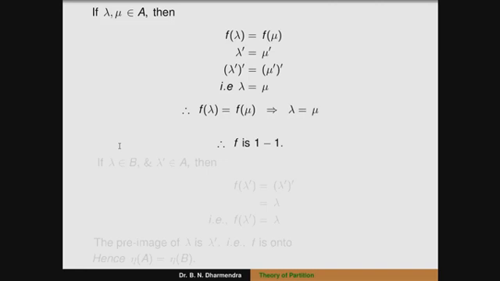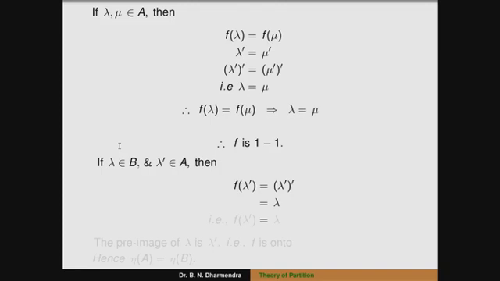The next one, we have to show that f is onto. If lambda belongs to B and lambda dash belongs to A, then f of lambda dash is the conjugate of lambda conjugate, that is equal to lambda.